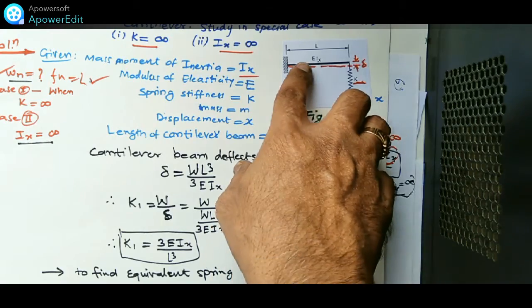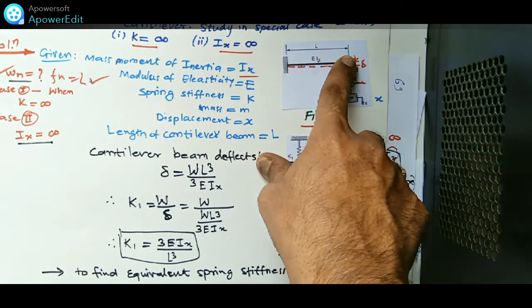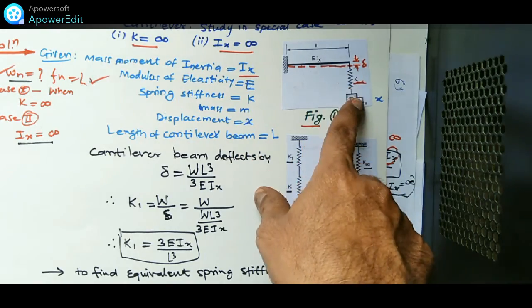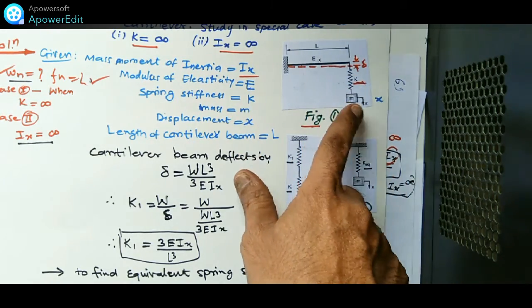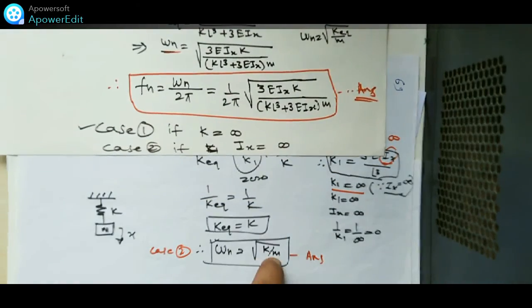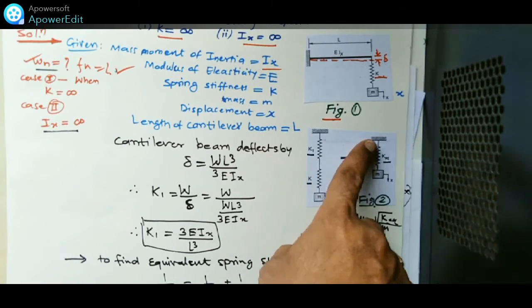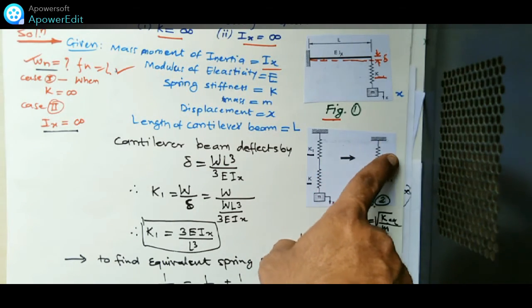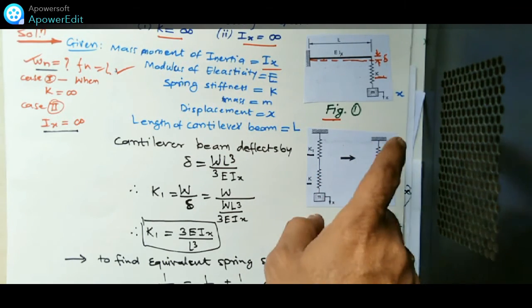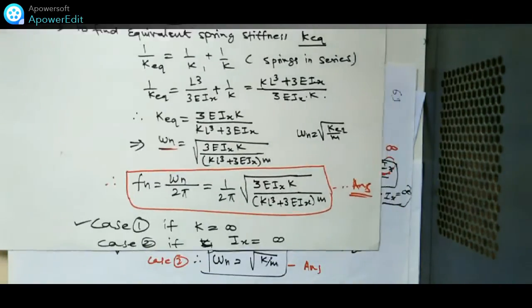Infinite Ix means the mass moment of inertia is infinite, it means it's fixed. Only this spring and mass will be there, so omega n becomes k by m. This fixed single spring mass system converts into that one.